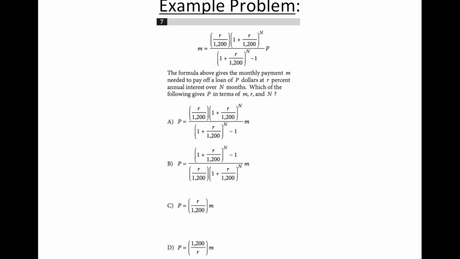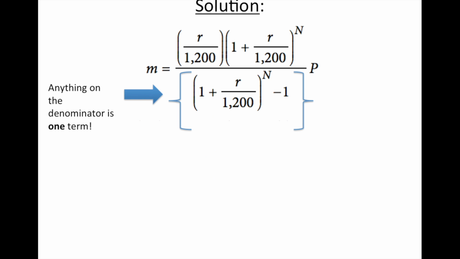Remember the properties of finding the common denominator and division. You cannot split that denominator into two separate terms. So that's actually one term. I went ahead and drew in these curly braces just so that you can see very clearly that's one term. Anything on the denominator is one term. Remember that. Super straightforward, but it's something that is worth emphasizing.